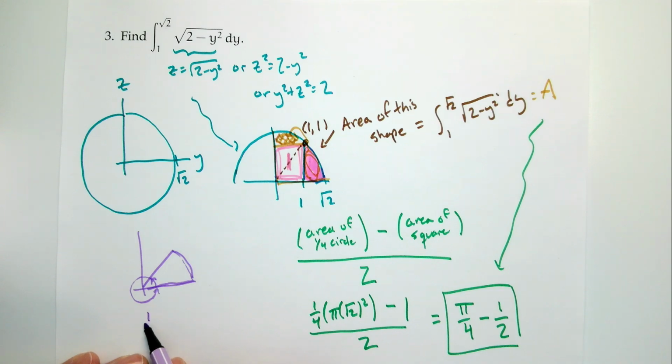So the area of that wedge is 1/8 the area of the total circle, which is pi root 2 squared. But now you say, okay, that's the wedge, but I want to take that part out, because I only want to be left with this piece over here. Well, now that's a triangle, 1/2 base height. And if you simplify that, that's pi over 4 minus a half.